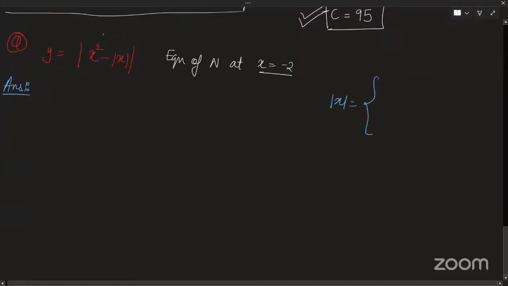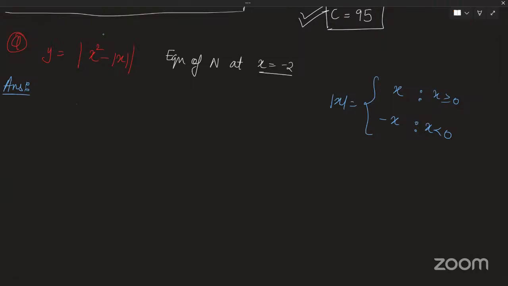How is mod x defined? It is defined as x when x is greater than or equal to 0 and minus x when x is less than 0. So over here inside I have got a mod x. If x is minus 2, will this mod x open as minus x or plus x?